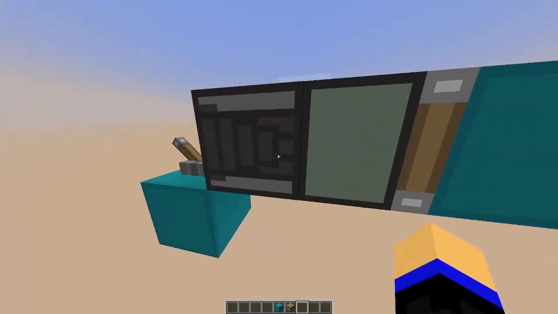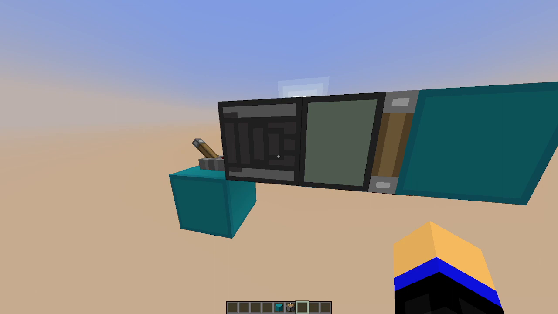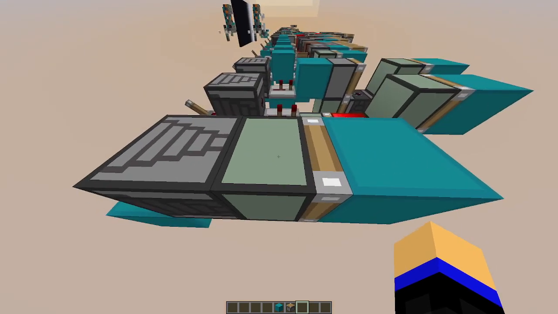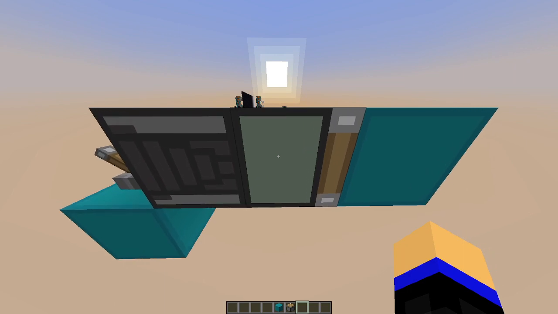Finally, the 1 tick pulse case or 2 game tick pulse case. Let's count from literally this piston. Capital T is 0 ticks or 0 game ticks. What is the pulse length capital P? That's 1 tick or 2 game ticks. 0 plus 1 or 0 plus 2.